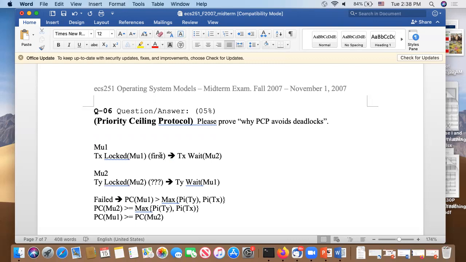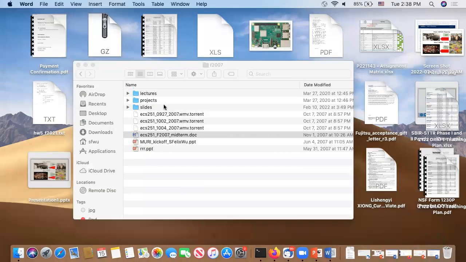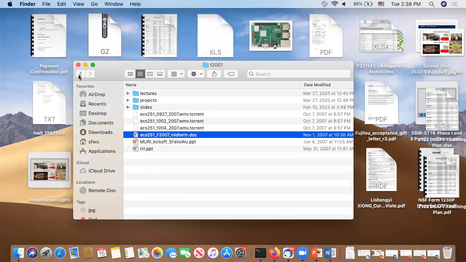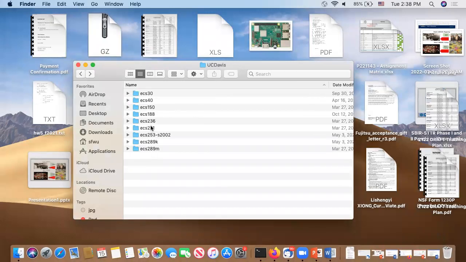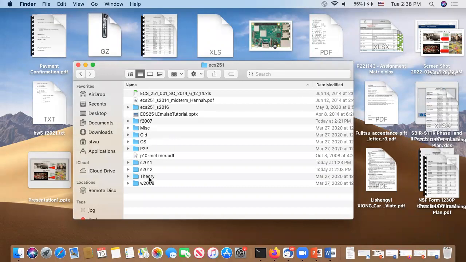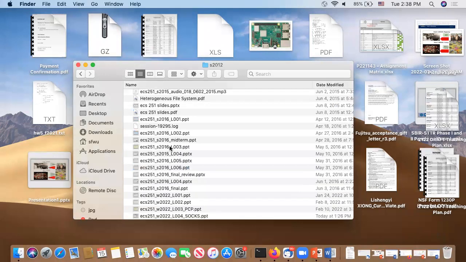Okay, but I do want to say this. Let me bring up my PCP slides. I might not even have set it correctly when I presented this protocol.